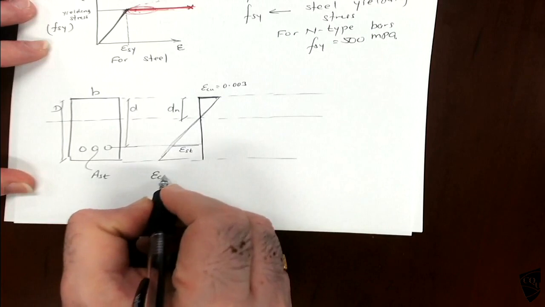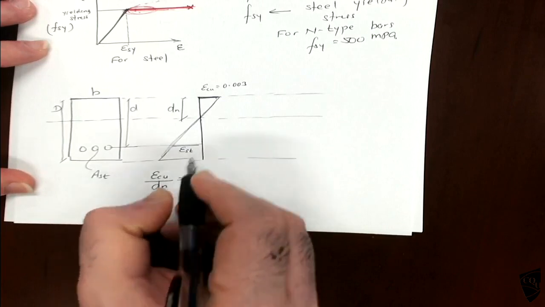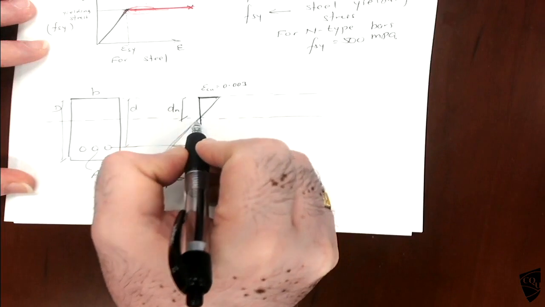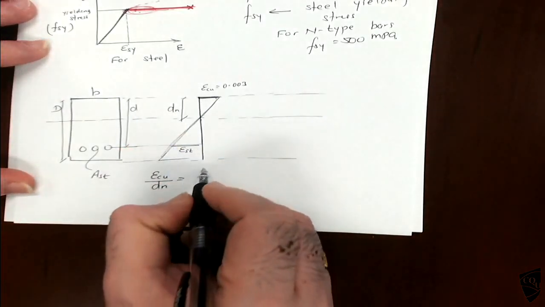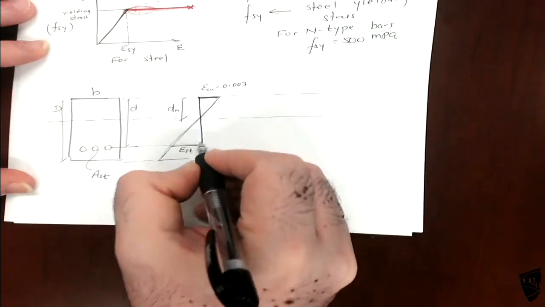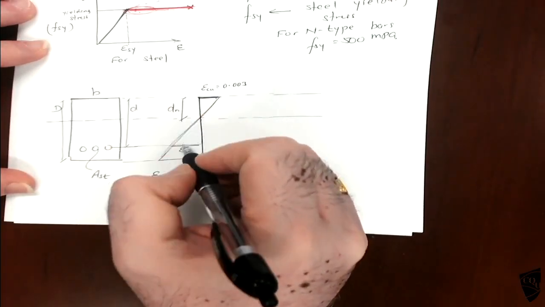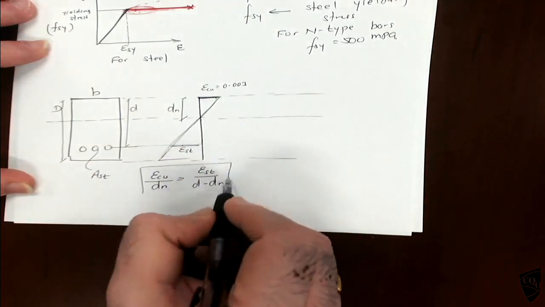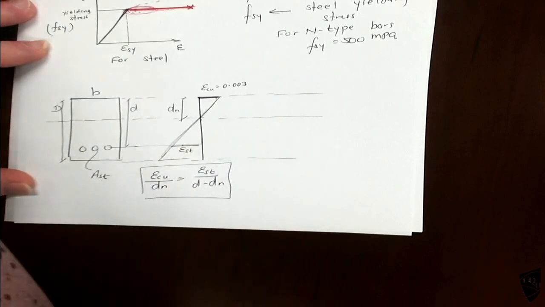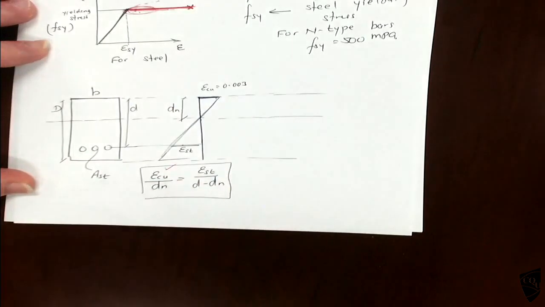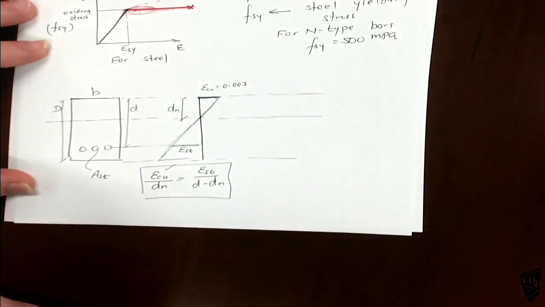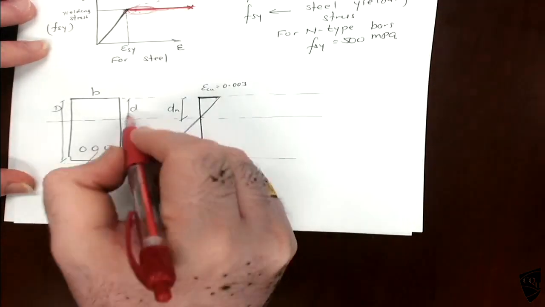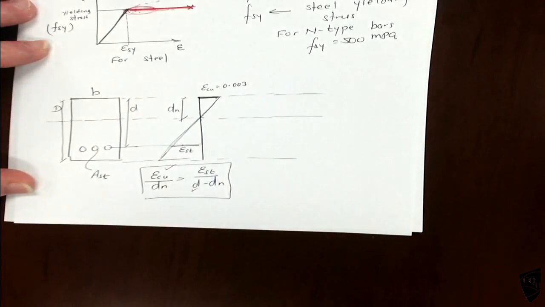So epsilon cu upon dn equals this, and from here to there is small d, so d minus dn. This one is known, that is 0.003. d is known, the effective depth of the beam, you should be able to find.